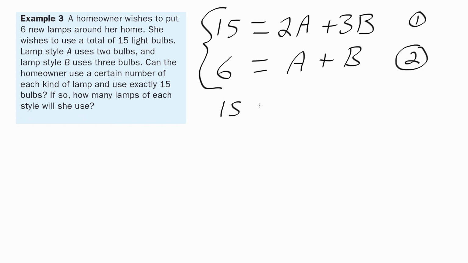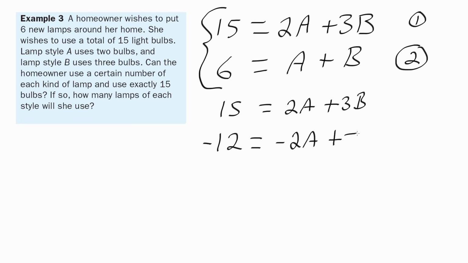Well, 15 equals 2A plus 3B, and a negative 12 equals a negative 2A plus a negative 2B. So multiply by negative 2.